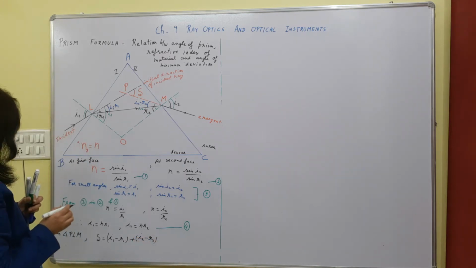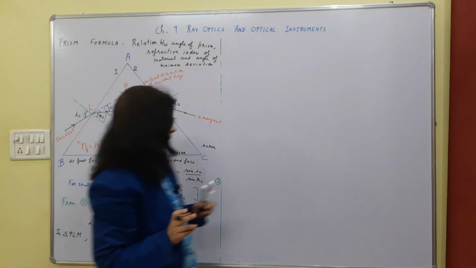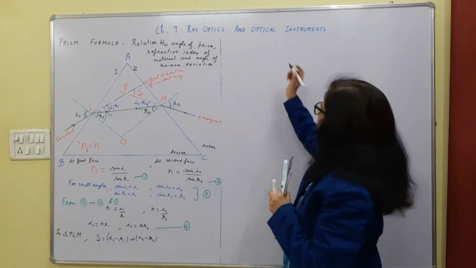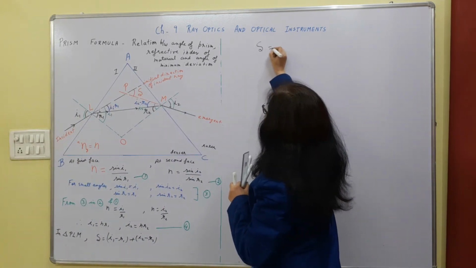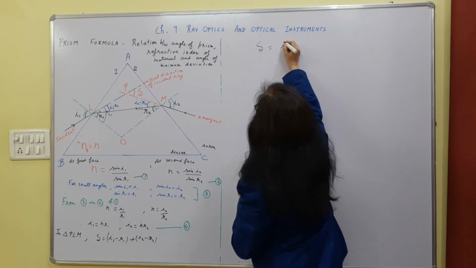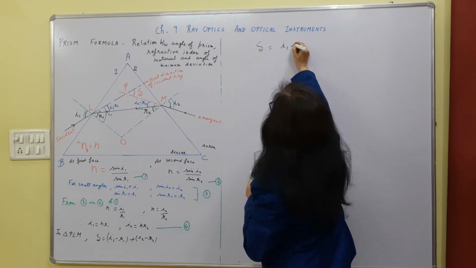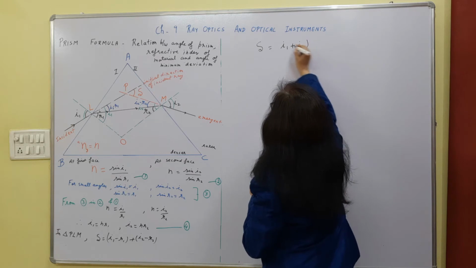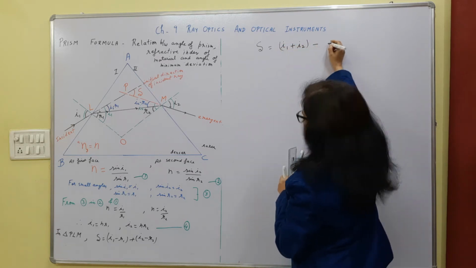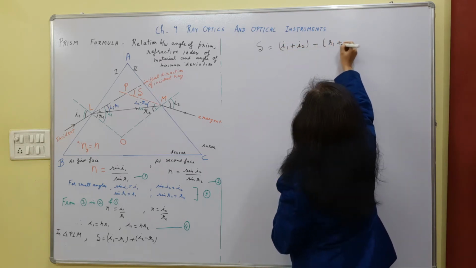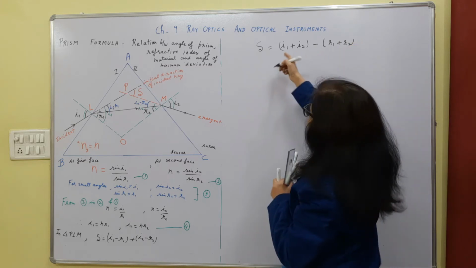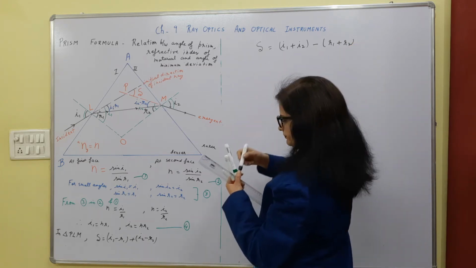So from here we can solve for delta. So delta is I1 plus I2 minus R1 plus R2, and this is equation 5.